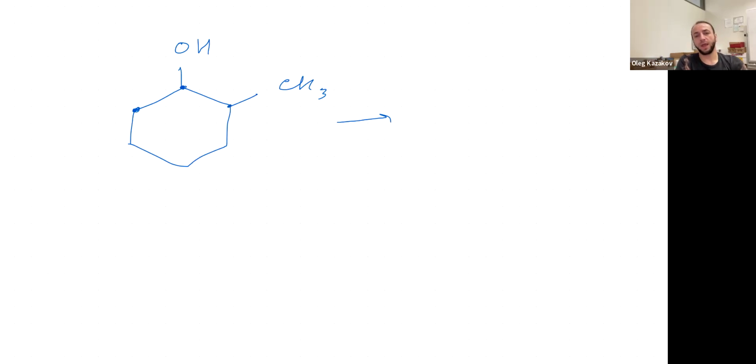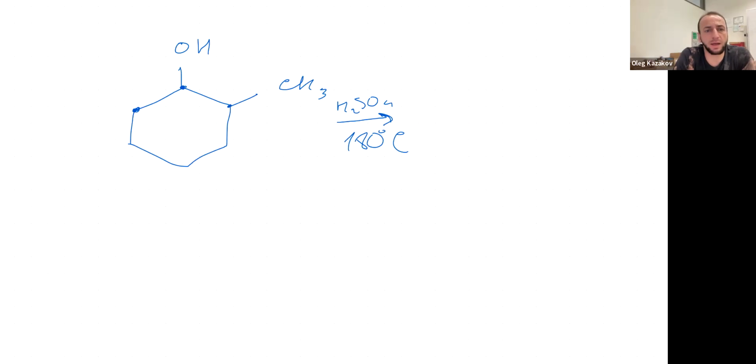Speaking of which, with the addition of H2SO4, sulfuric acid, and highly elevated temperatures, 180 degrees Celsius, we'll be able to perform the dehydration of the alcohol. We're going to form water, HOH, and the alkene is our main product, the organic stuff.